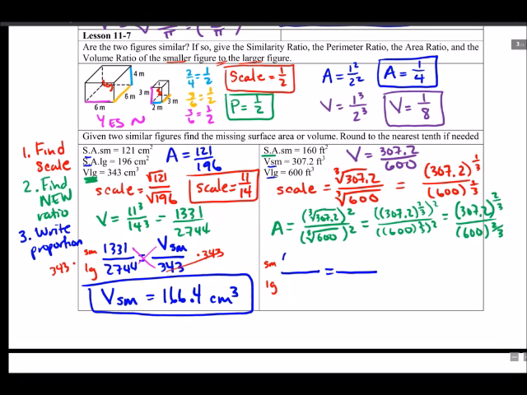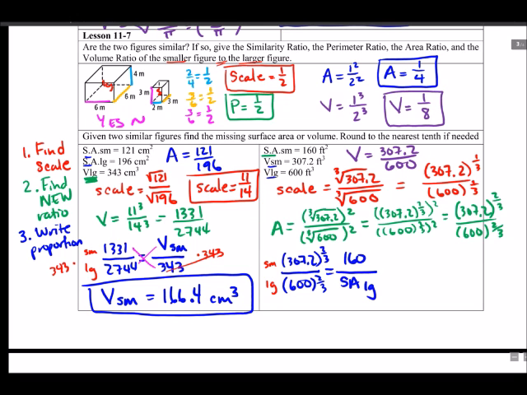And we get 307.2 to the 2/3 over 600 to the 2/3. And what are we given? We are given the surface area of the small, 160, and so we are looking for surface area large.